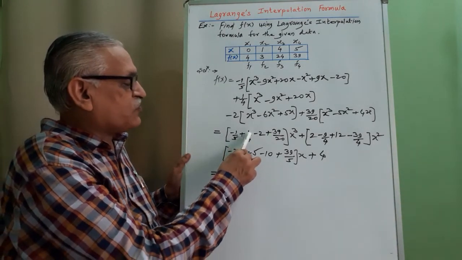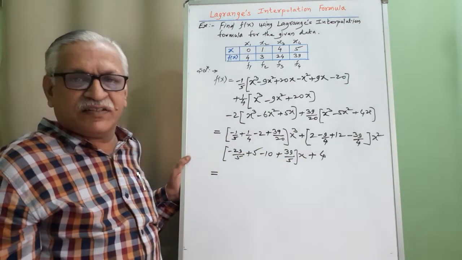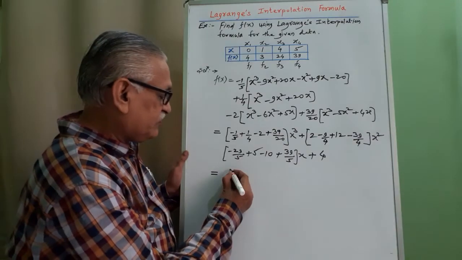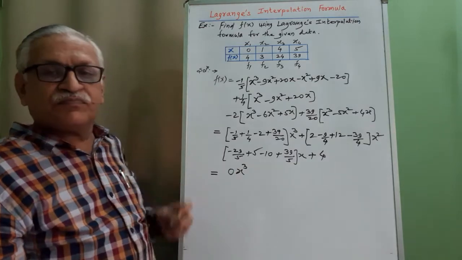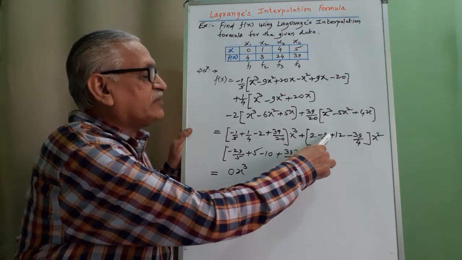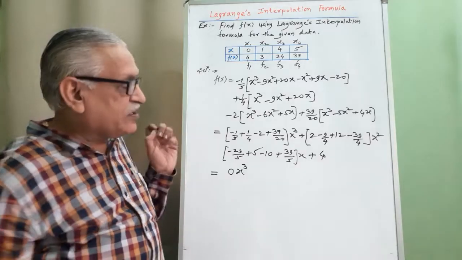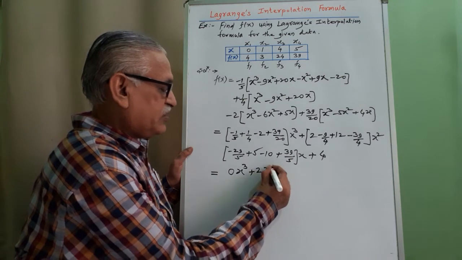Minus 1 by 5 plus 1 by 4 minus 2 plus 39 by 20. By calculator, we get that addition as 0 into x cube. 2 minus 9 by 5 plus 12 minus 39 by 4 is coming as plus 2 into x square.